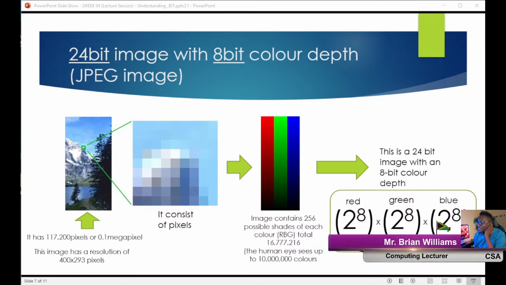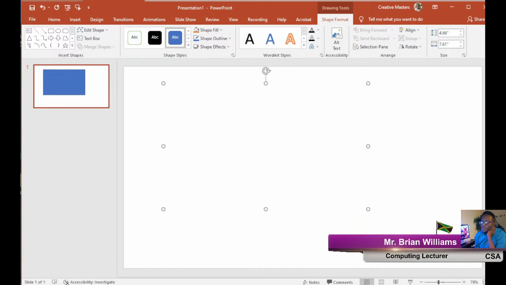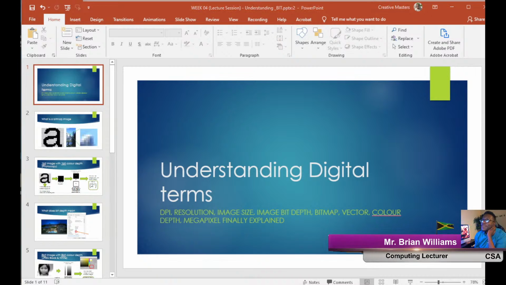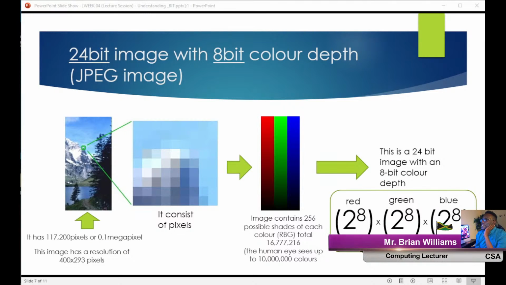Now on the computer, when it mixes these colors together, what it is really doing is taking a pixel that has a color between completely black and completely red for red.